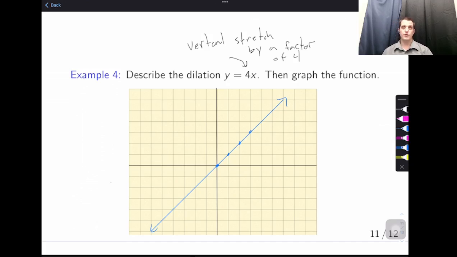So 0 times 4 is, okay, well that's still 0. 1 times 4 gives me 4. 2 times 4 gives me 8, but that already goes off my graph, so I'm going to go ahead and just kind of graph this how I have it. And then hopefully there we see that it got stretched upwards by 4.